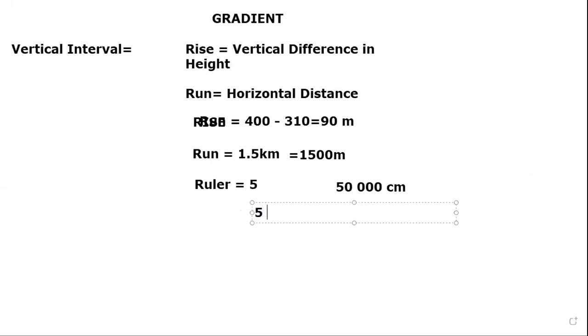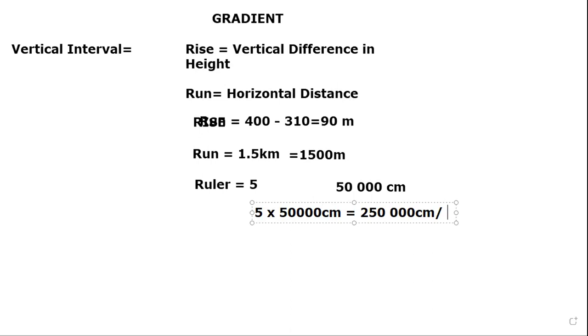At this point, you will multiply 5 by what? 50,000 cm, right? Which would give you what? 5 by 50,000 cm is what? Anybody? 250,000. How much? 250,000, right?